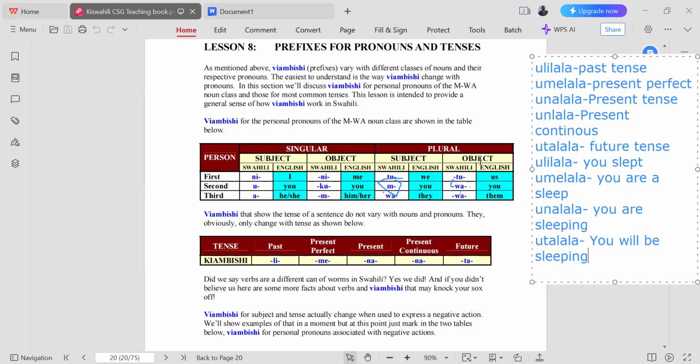But basically, let me use the example you've provided to show the differences in time here. You've said very well, walikuja, which means they came.